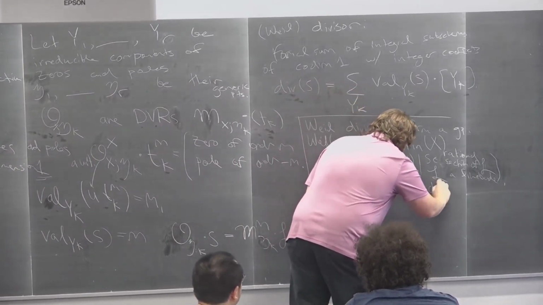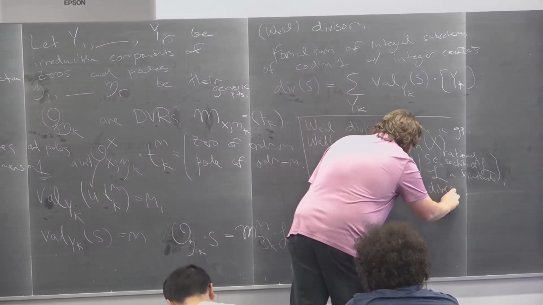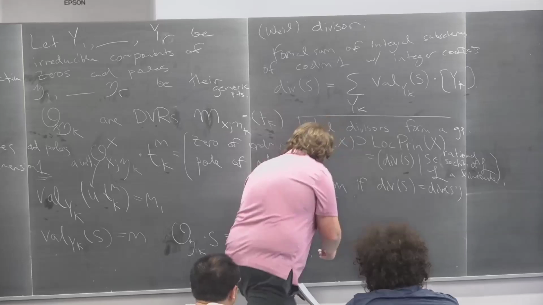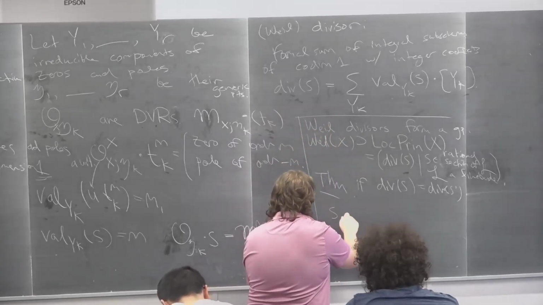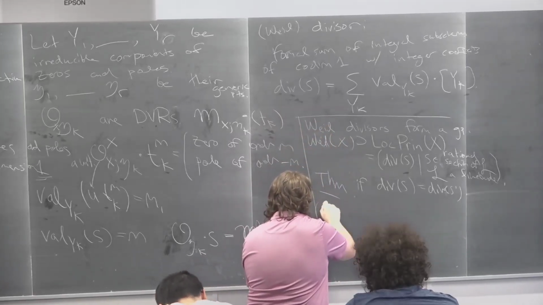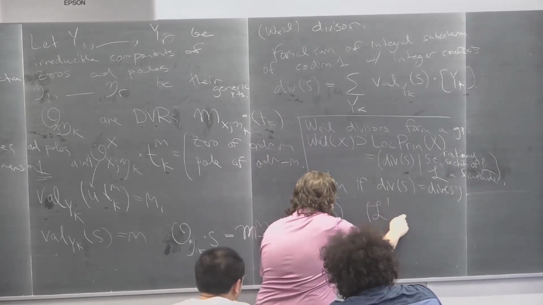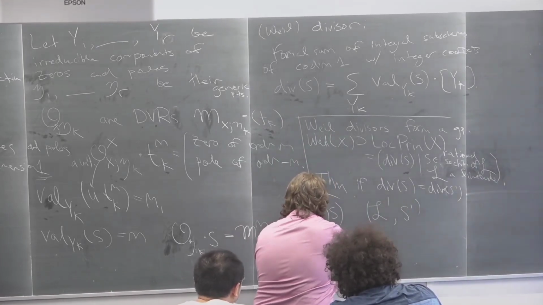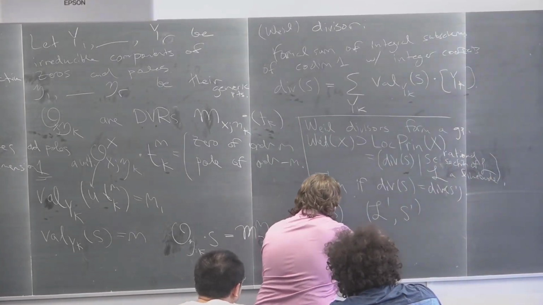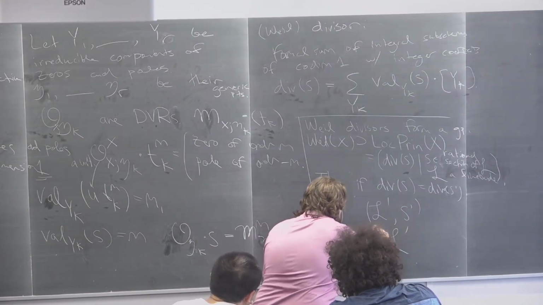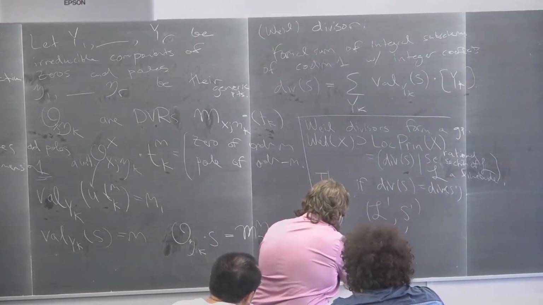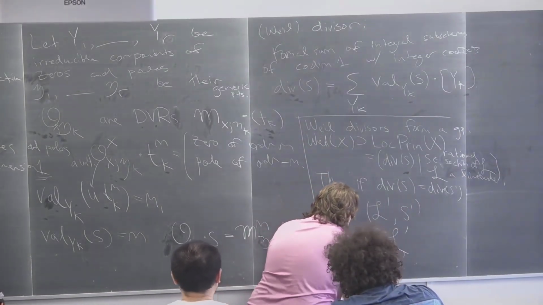So if I get the same divisor twice, S a section of L, S prime a section of L prime, then there's an isomorphism from L to L prime that sends S to S prime.